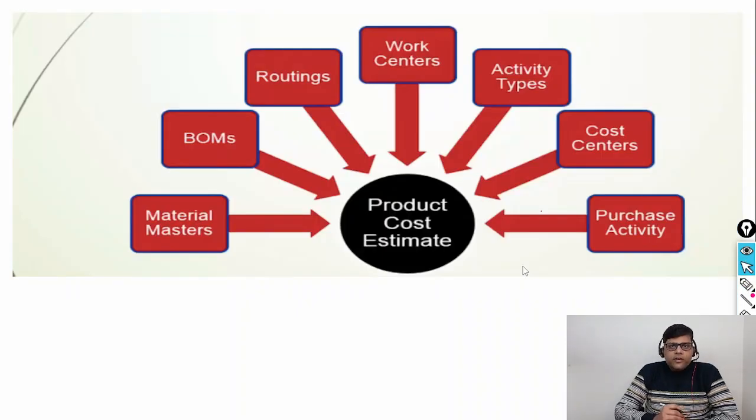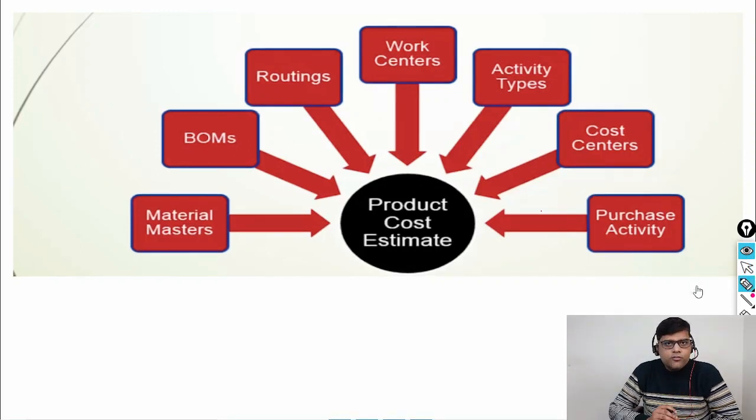Now, what are the different components in our plant cost? You can see this diagram. This product cost estimate which we are going to calculate, or this plant cost, uses different components. That means if you are going to calculate your plant cost or your actual cost, we need other settings also. It is going to integrate with this CO module.